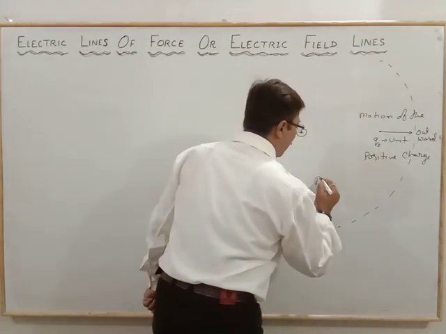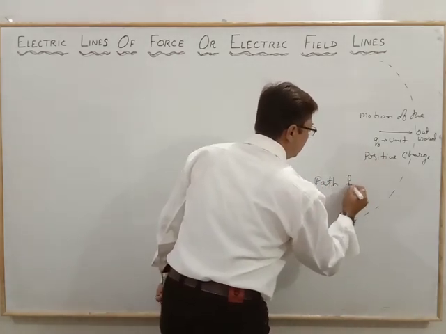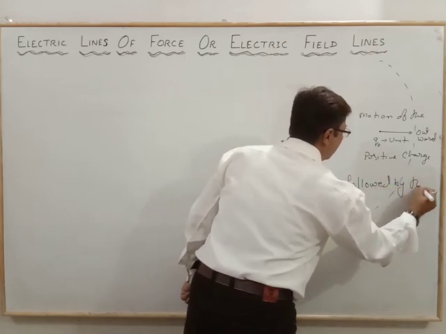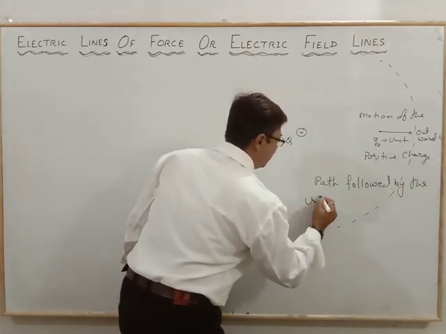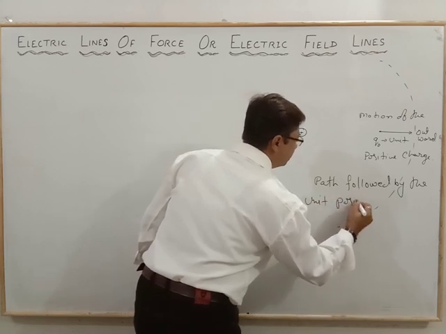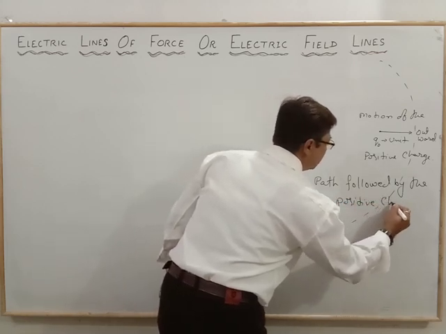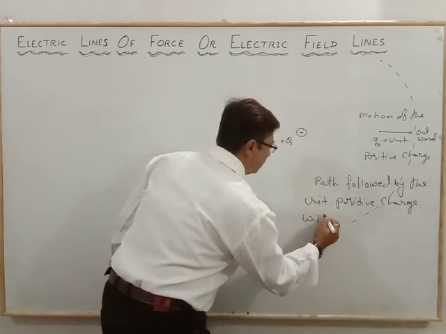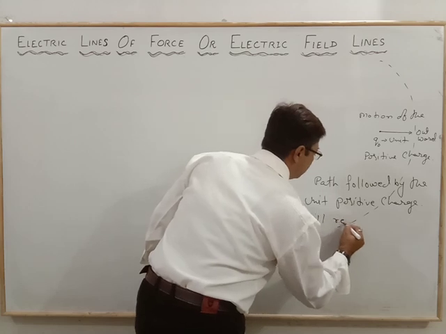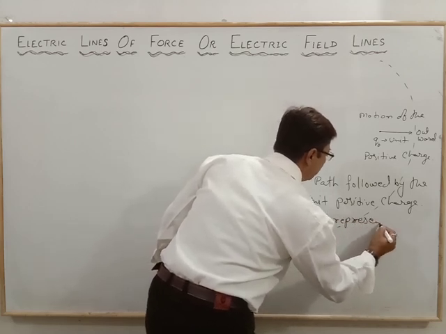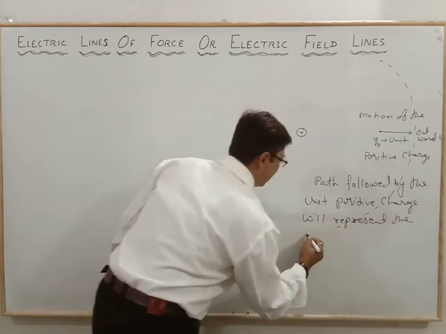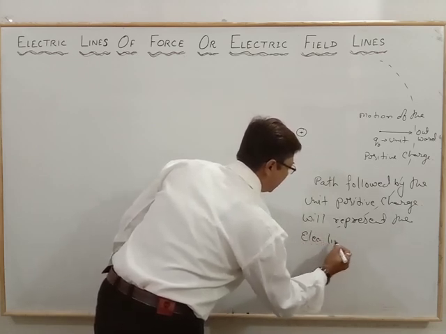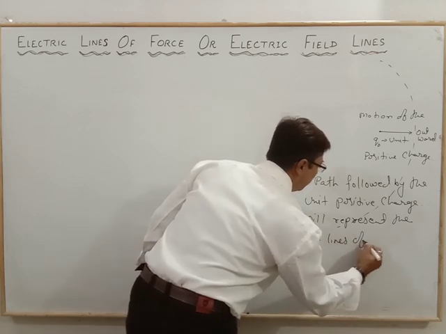So here the path followed by the unit positive charge will represent the electric line of force.